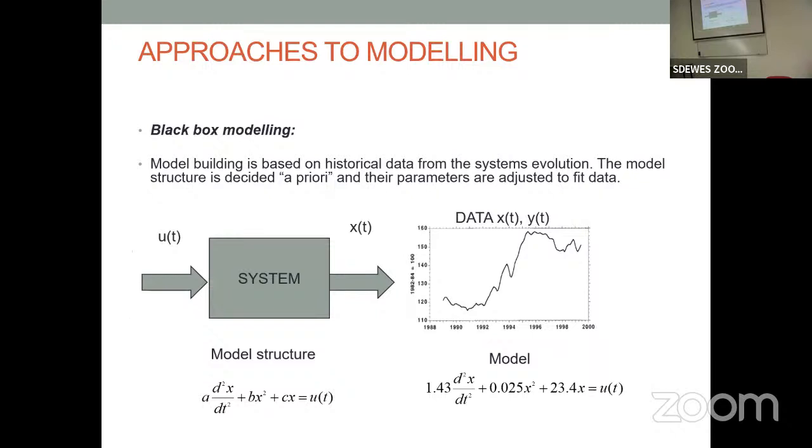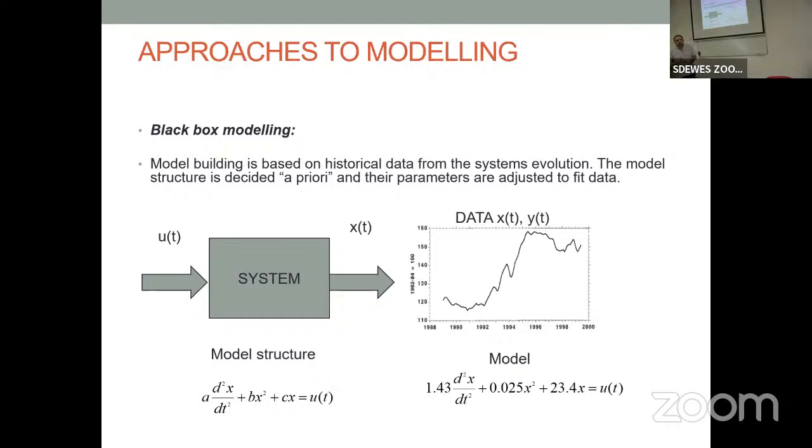And we have to understand the difference between two different types of models. One type of model is what we call black box modeling. Black box modeling means that they are based mainly on data. So we have data and we try to find any kind of equation that is able to fit as near as possible to this data.